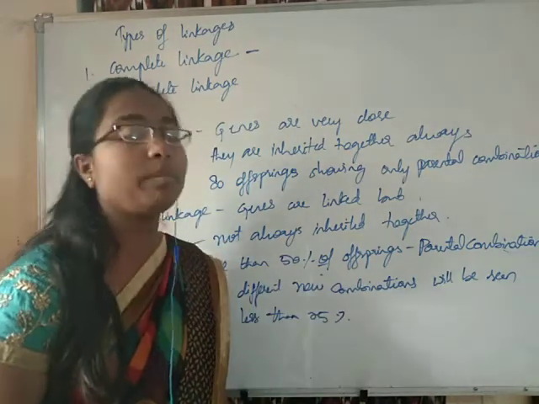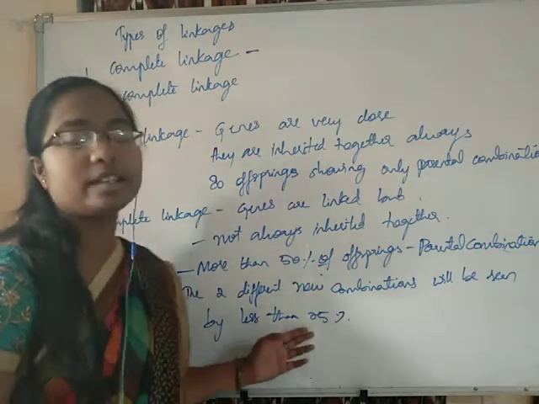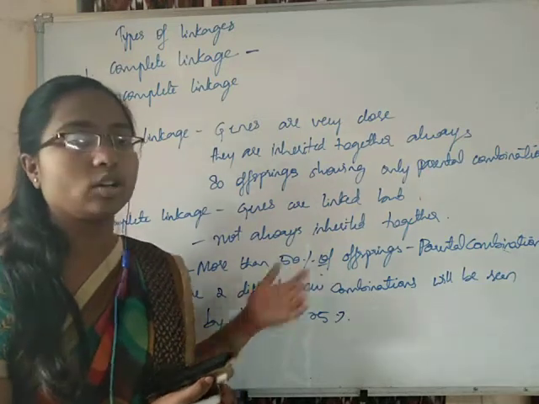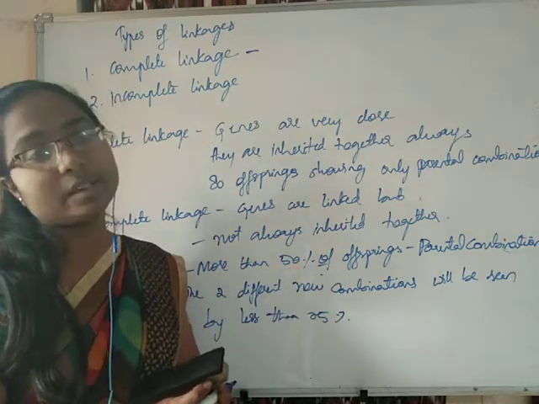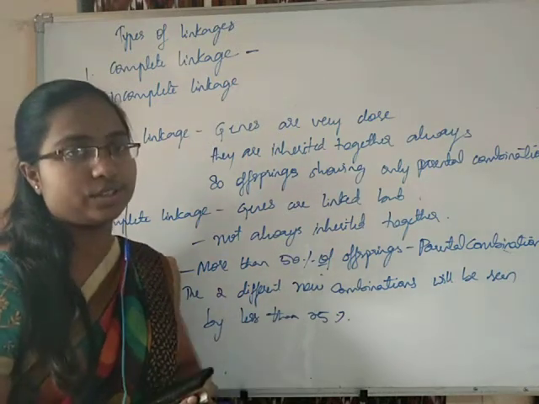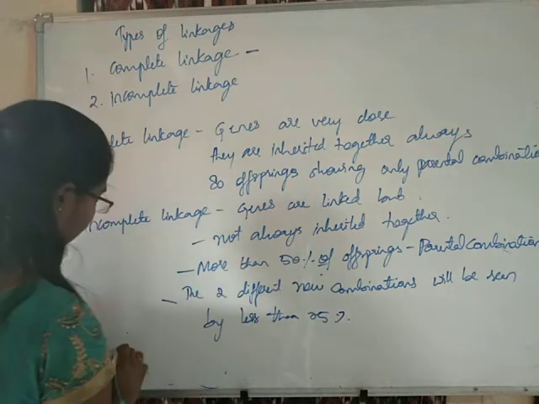So, two different new combinations will also appear, less than 25% each, because more than 50% is already taken by parental combinations. So, less than 50 will be there, and less than 25 will be shared by each of the two new combinations. Okay. So, this is linkage.